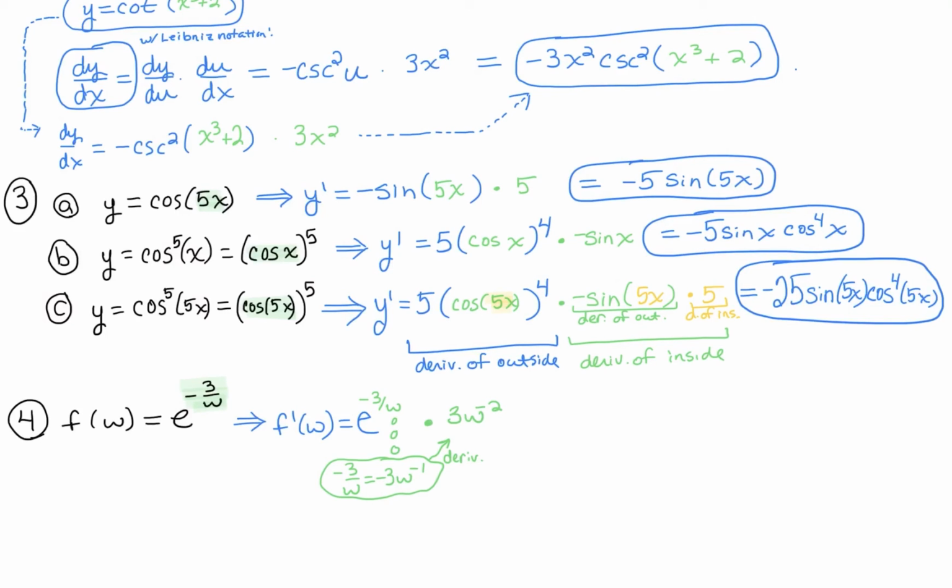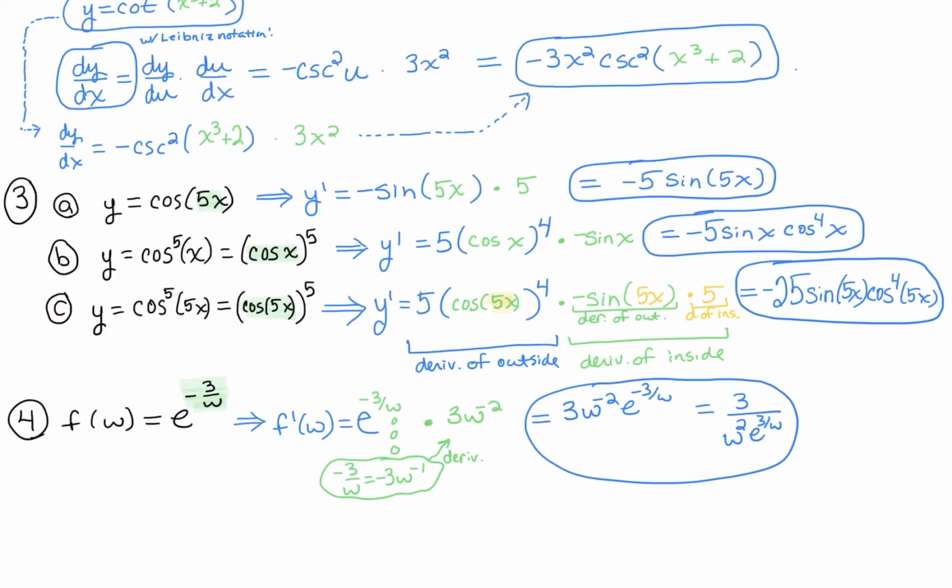So that's the derivative of the inside. We can rewrite that in a variety of ways. You could leave it as it is, like 3w to the negative second, e to the negative 3 over w. If you wanted to move those negative exponents into the denominator, you could, and make it 3 over w squared, e to the negative 3 over w. I'd say either of those would be just fine.